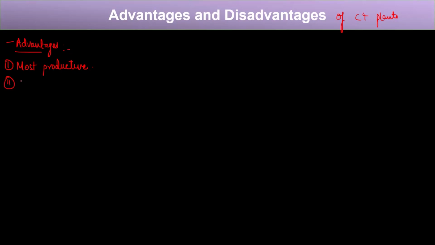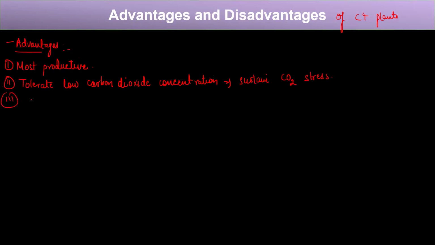So they can tolerate low carbon dioxide concentration. It means they can sustain CO2 stress, right? Now, apart from this, they can also tolerate high temperature.